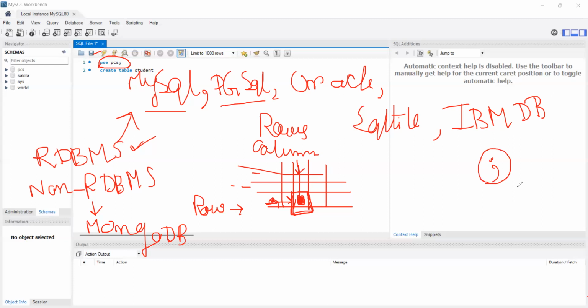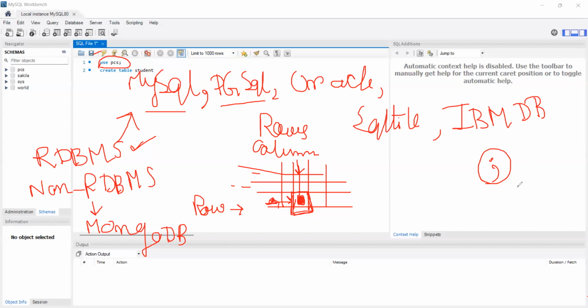But in PGSQL, you don't need to put a semicolon. So that is the difference in syntax, and that's why the writing format is different. MySQL, PGSQL, Oracle, SQLite, IBM DB. Most of the time, the mostly used databases are MySQL and Oracle. Okay.